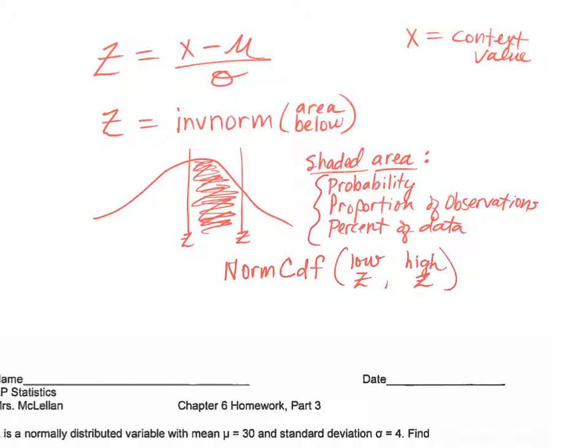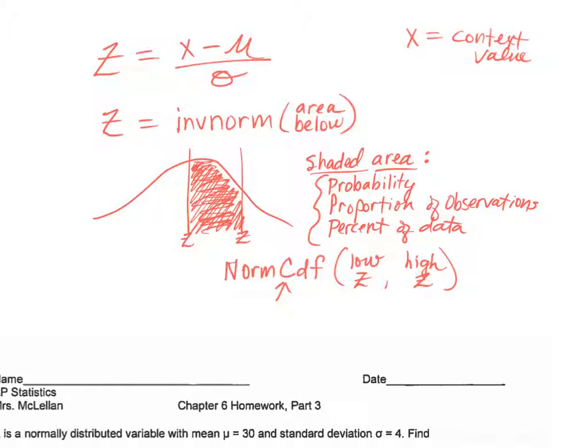Norm CDF, low z to high z. So what does the C stand for in this norm CDF? Do you remember? Cumulative, good, because you're accumulating all of these little pieces in that section. Now, let's see if we can remember when you use the negative 99 and the positive 99 and that kind of thing.